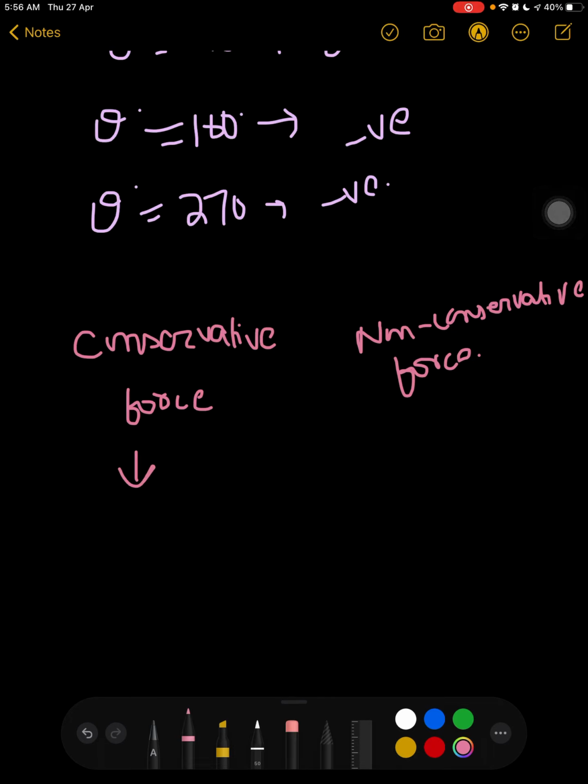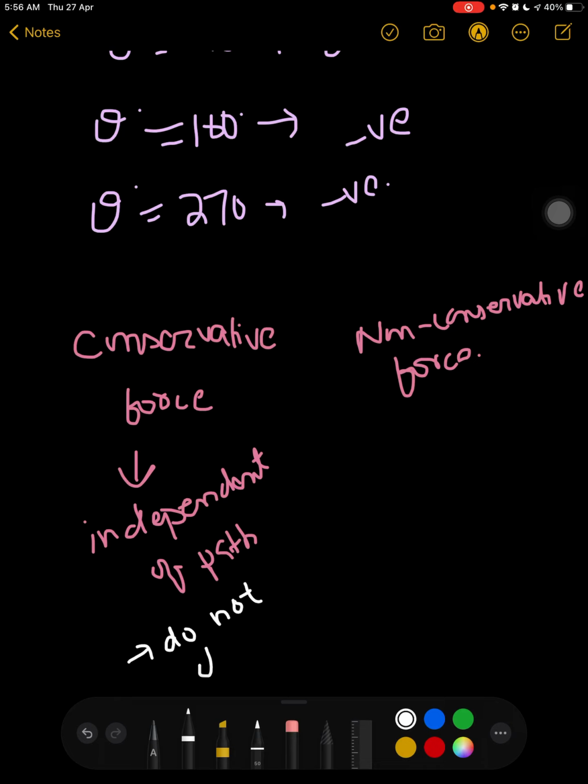Basically conservative forces do not depend on path, like they are independent of path.